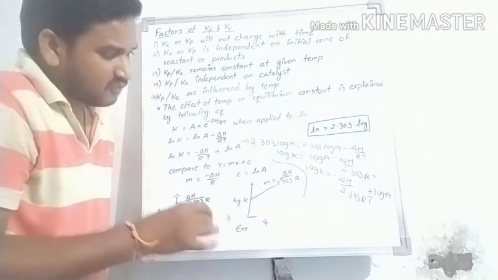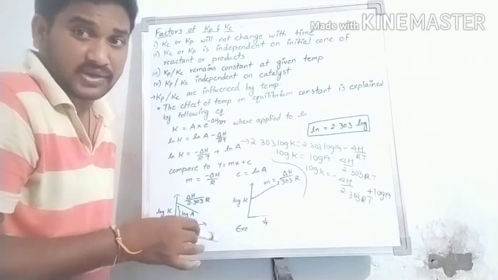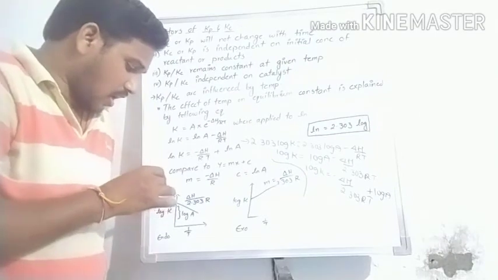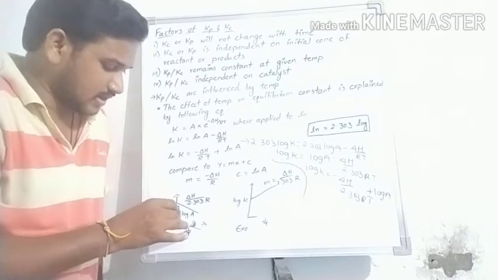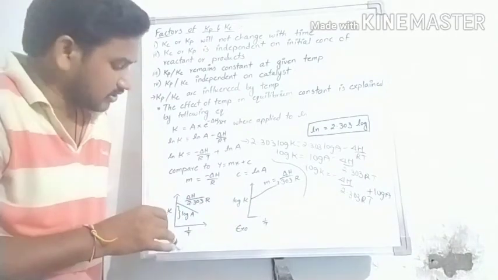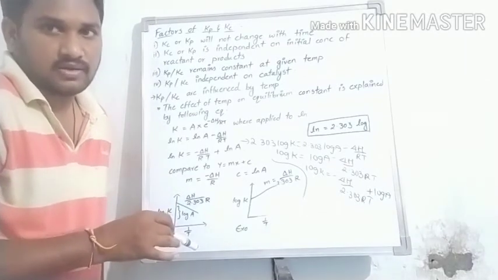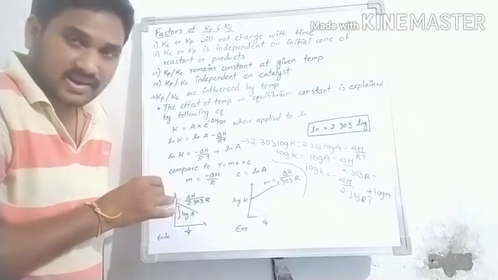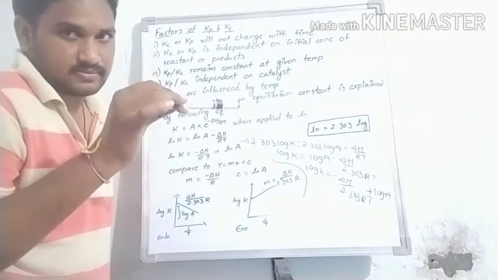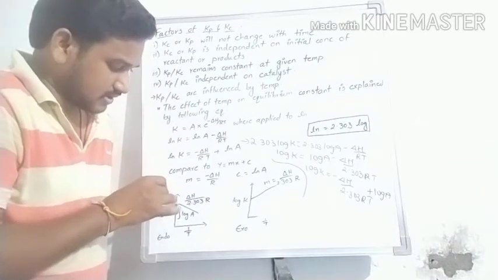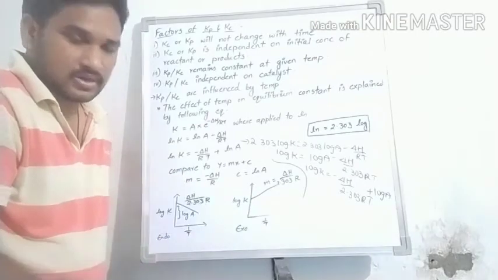In the graphical representation, which is most important, students, and was already asked in a previous question in 2014, log K is taken on the y axis and 1 by T on the x axis. That is the endothermic reaction, and the graph is a straight line touching the y axis, going in the downward direction, meaning the log K value decreases.